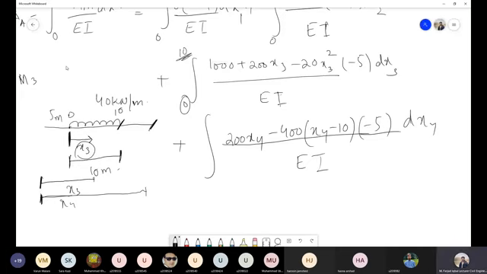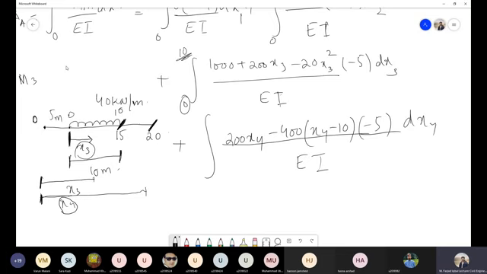Why 0 to 5? After the UDL, x4 is starting from this point. So from the point, whatever is our reference will always be 0. So 0 is this point for x4, right? But x4 is valid only for this particular section from 15 to 20.